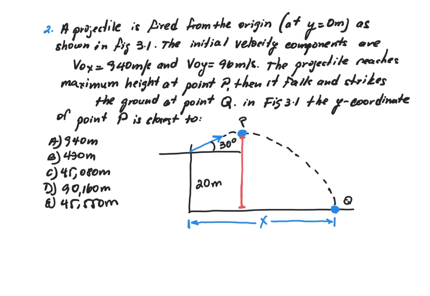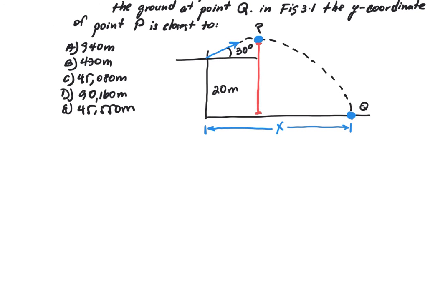So to do this, let's just write out our components. V of x is 940 meters per second. V of y is 96 meters per second.